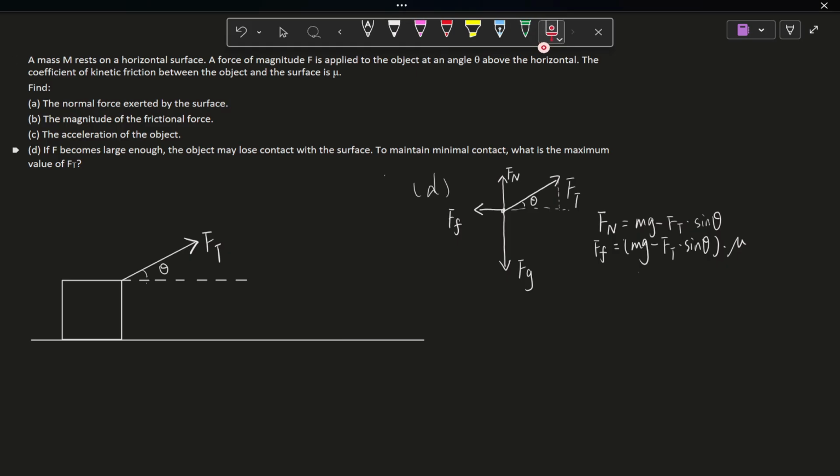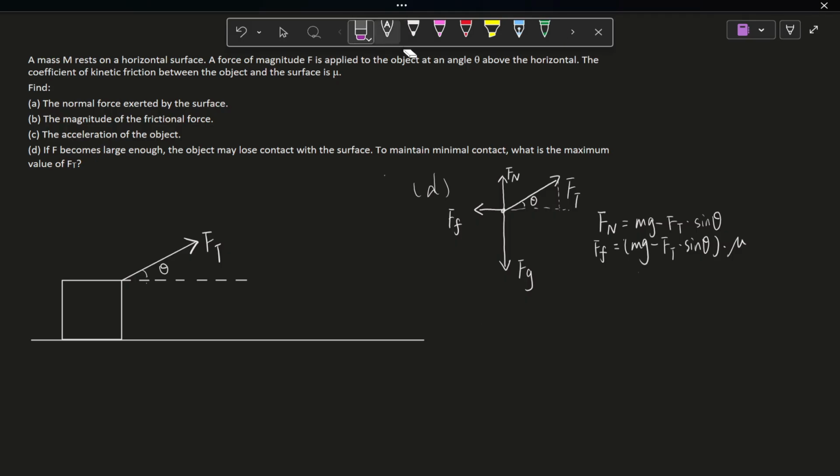Write an equation where there's no Fn. However, it is still barely in contact with the ground, which means the net force vertically is still equal to 0. And then we can find Ft. So let's do it.